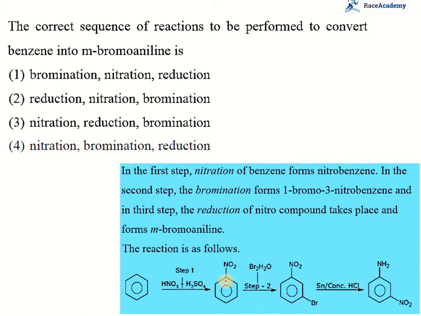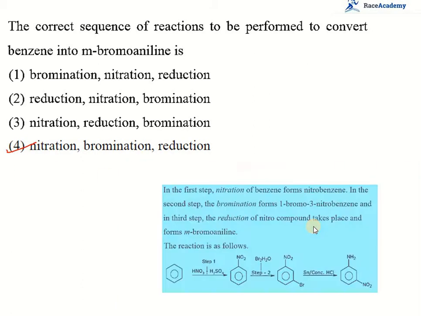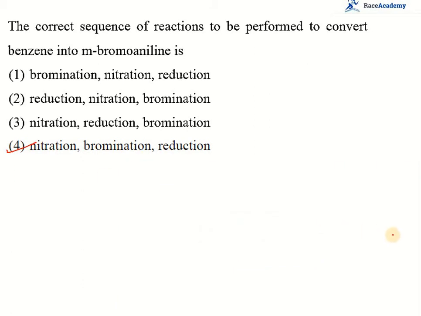So this is the sequence. In this sequence, first we have done step 1 nitration, step 2 bromination, step 3 reduction. So that means nitration, bromination, reduction. That sequence matches with the fourth option. So nitration, bromination, reduction.